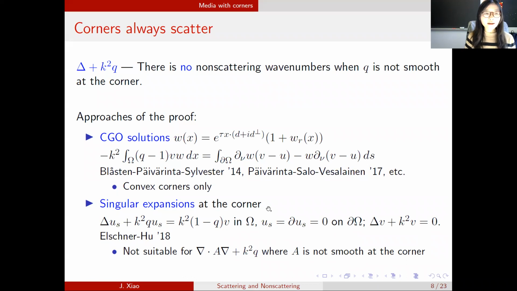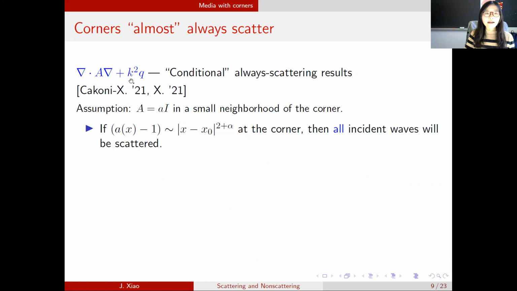So next I will talk about results concerning this operator with the divergence form. This is done in two papers, one joint with Fioraba and one by myself. I call these conditional overscattering results.